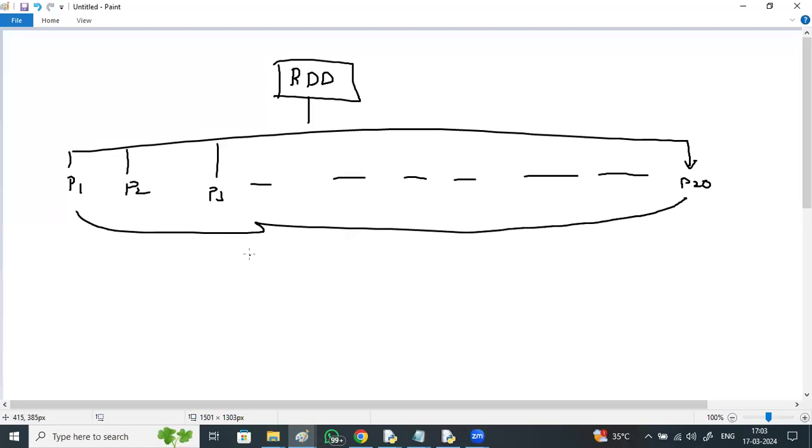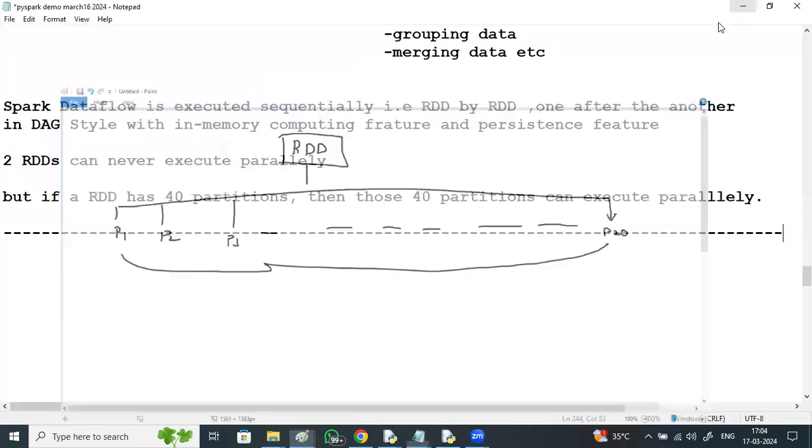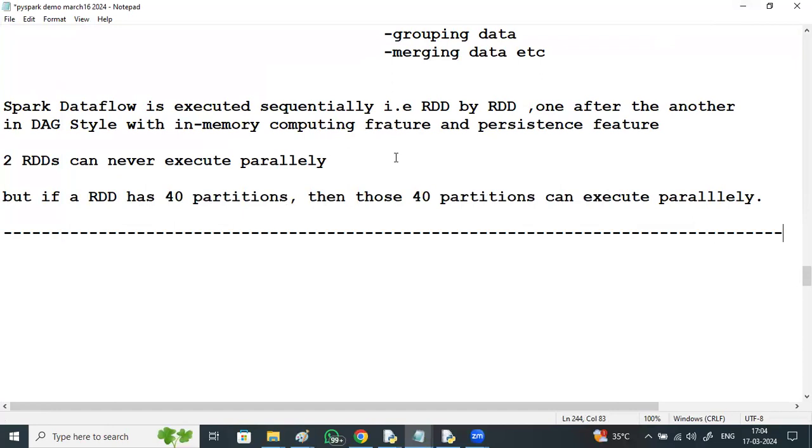All these 20 partitions can execute parallelly. Twenty partitions or 40 partitions, all these can execute parallelly. But you have RDD1 and RDD2; those two can't execute parallelly, one after the other.